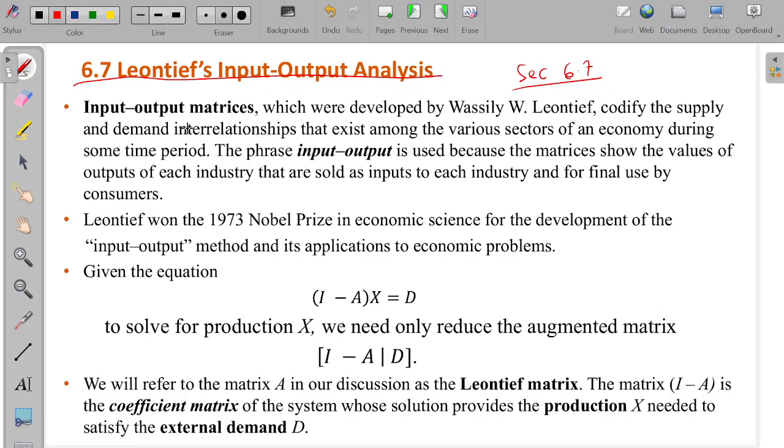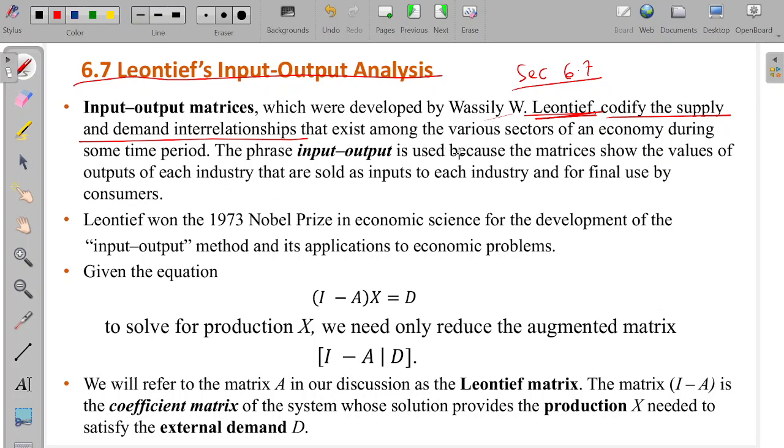These input-output matrices were developed by Wassily Leontief. They codify the supply and demand interrelationship that exists among the various sectors of an economy during some time period.